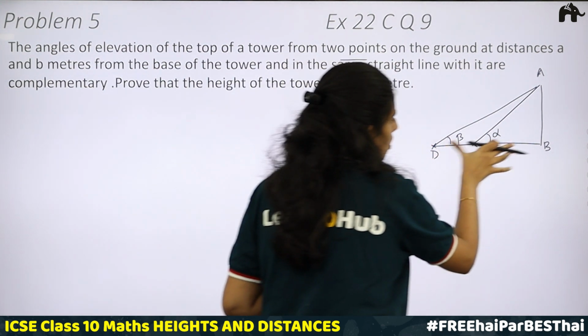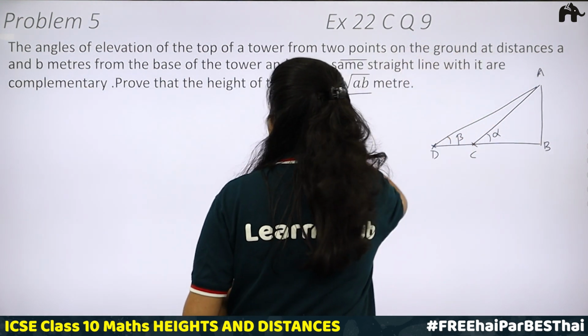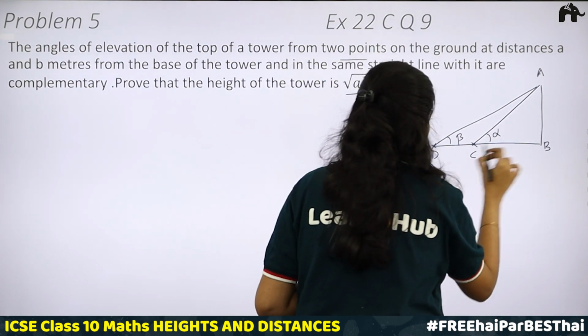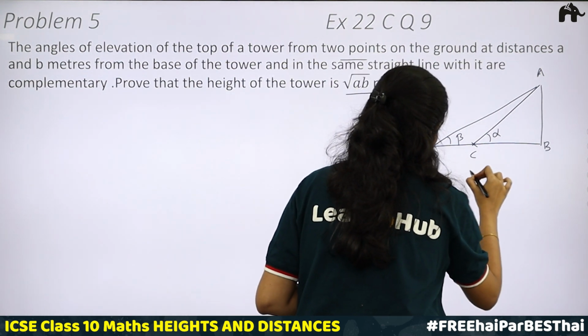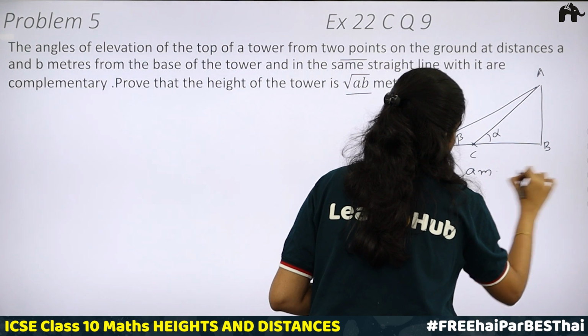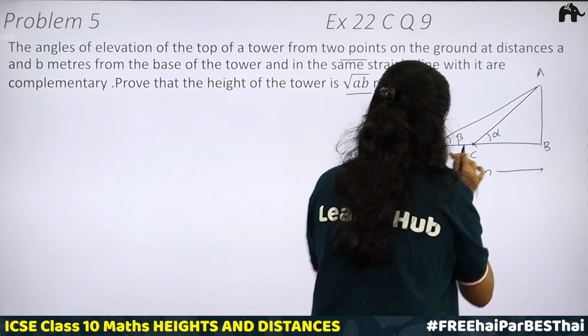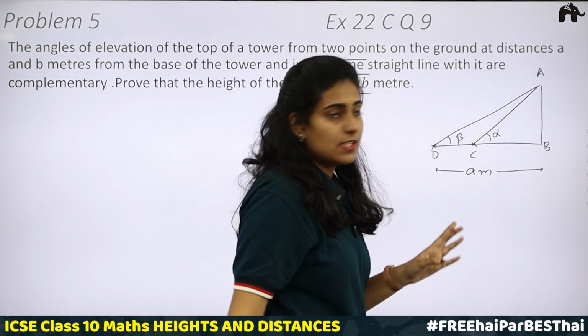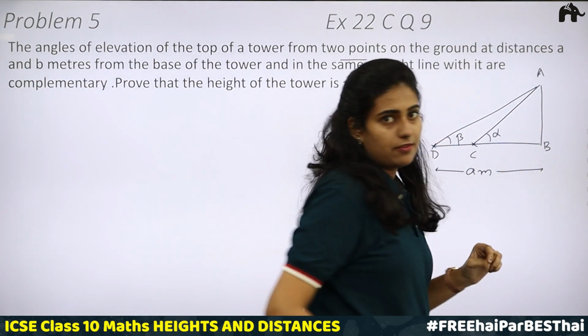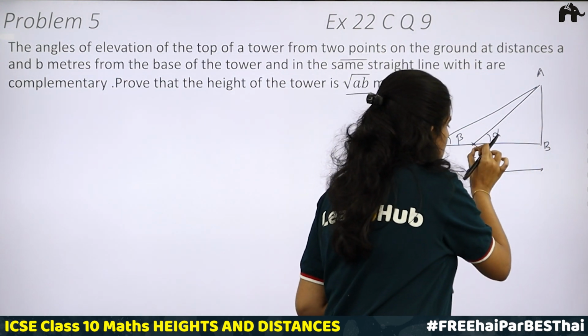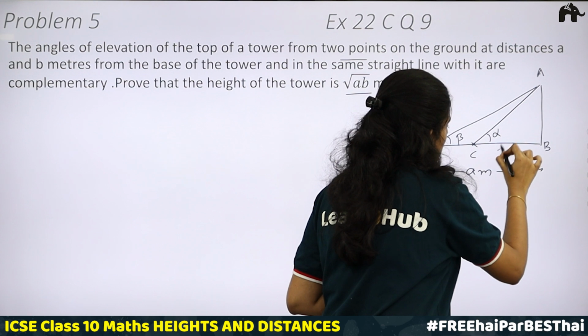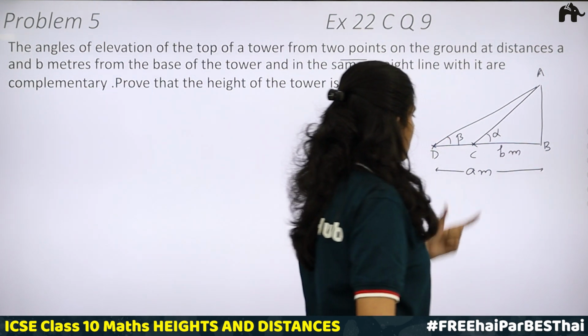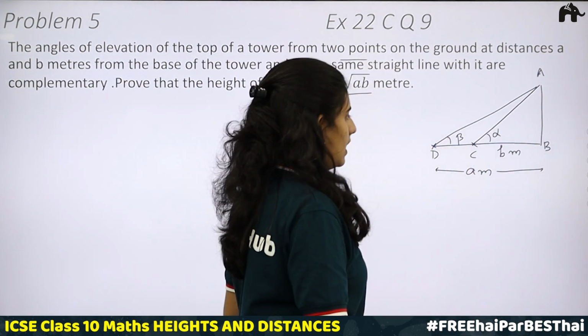Also, the distances are given as A meters and B meters. Let us take BD as A meters. Point D is at A meters from the base of the tower B and point C is at a distance of B meters from the base of the tower.